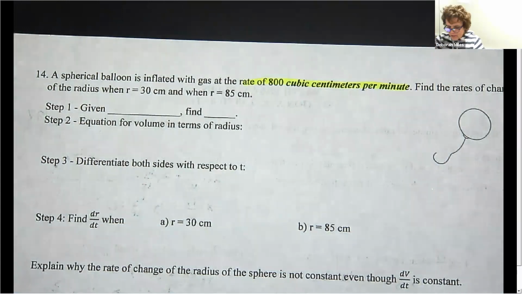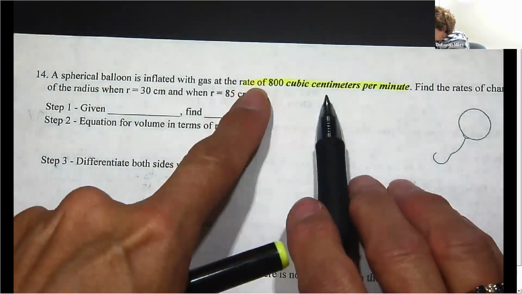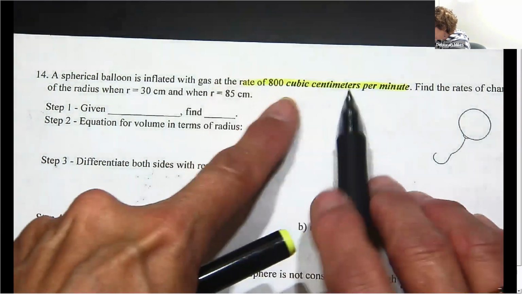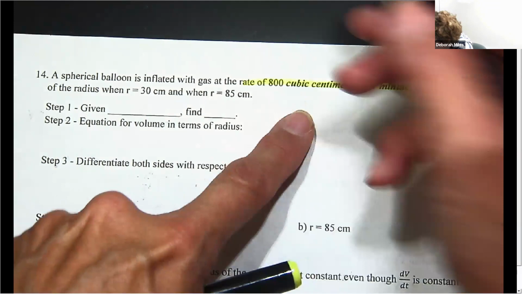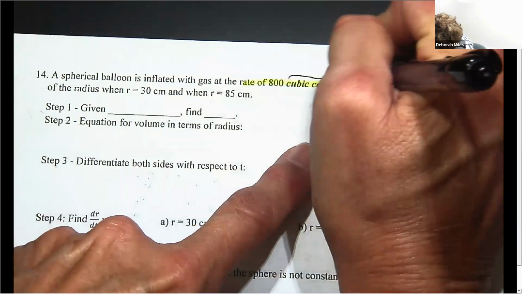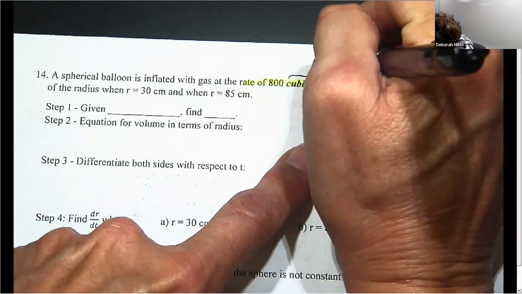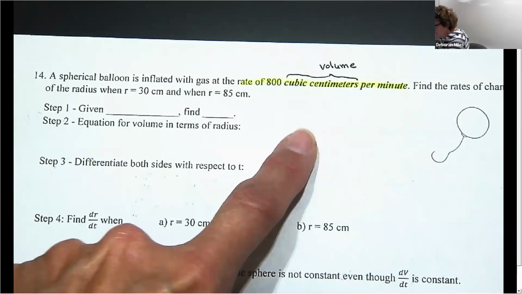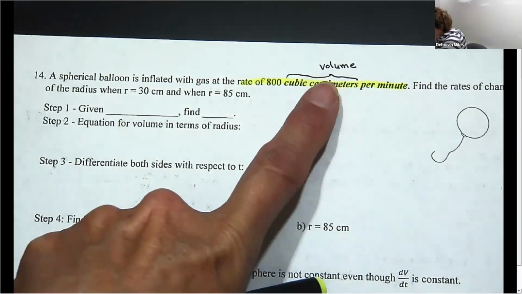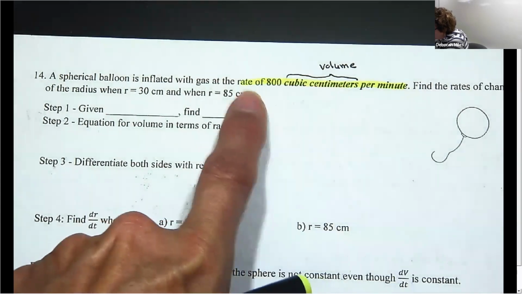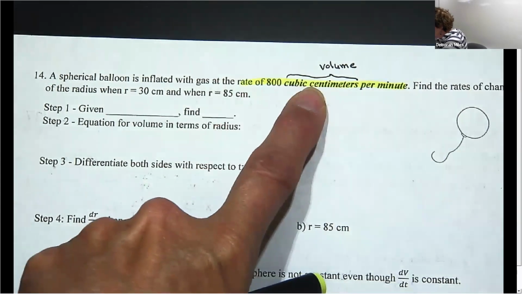And then I look at the units to determine what this is a rate of. Cubic centimeters is a measure of what quantity? That's volume.